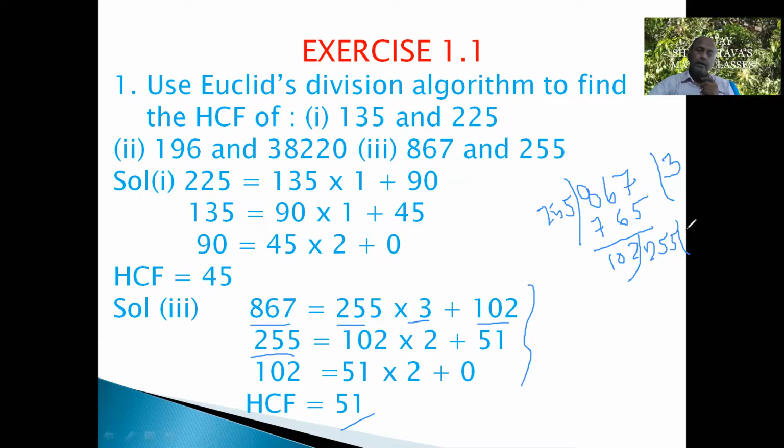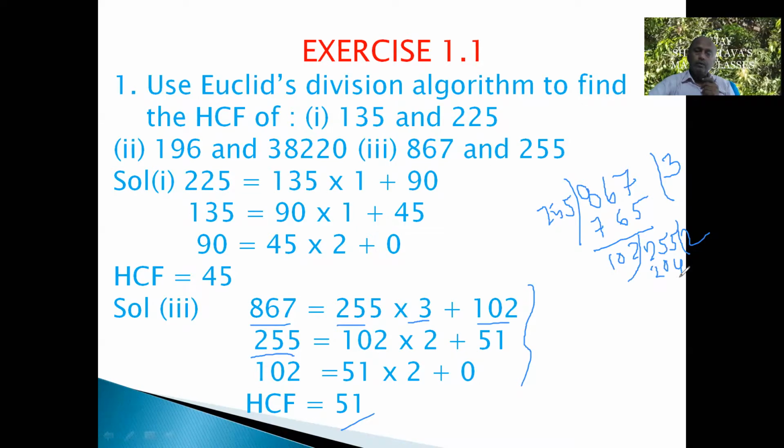Now divide again, you will get 2 as the quotient. 2 times 102 is 204.